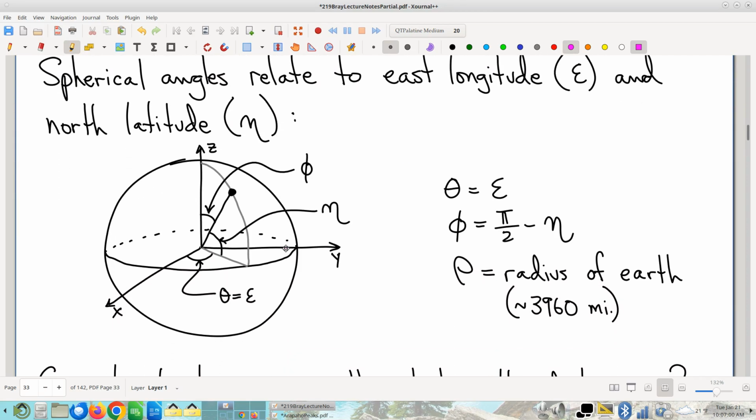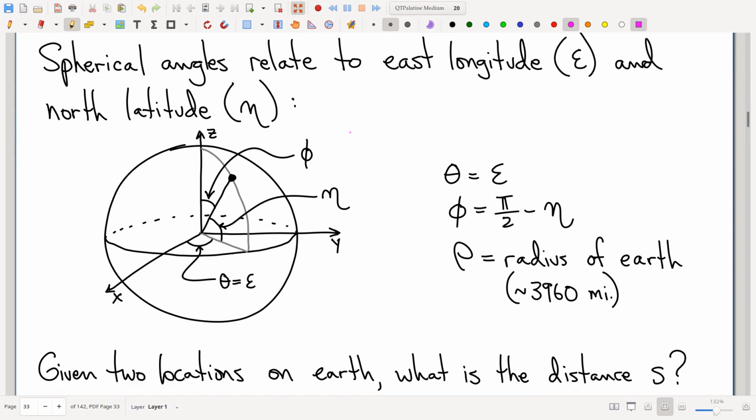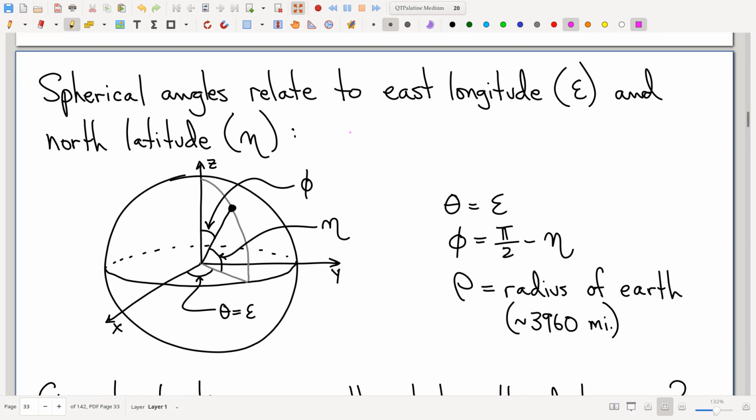So here's a nice application. It's also a way to think about spherical coordinates. There's a close relationship between the spherical angles and longitude and latitude on the surface of the Earth. Now, we set up the Earth in what I'm going to call the usual way, where the prime meridian is like so, in the direction of the positive part of the x-axis.